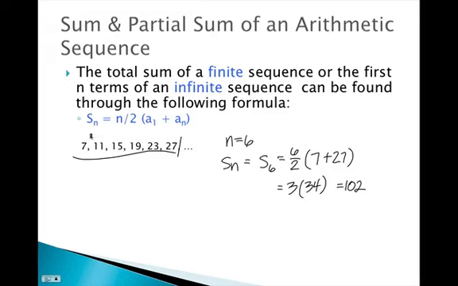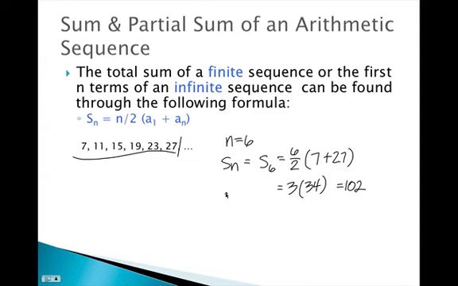Now, we can also use this formula if we have an infinite sequence, but we want to find the sum of the first however many terms. So, for example, if this sequence continues on, but we wanted to know the sum of the first 50 terms of this sequence, we could use the same exact formula. Just as we did here, n would equal 50 instead of 6.